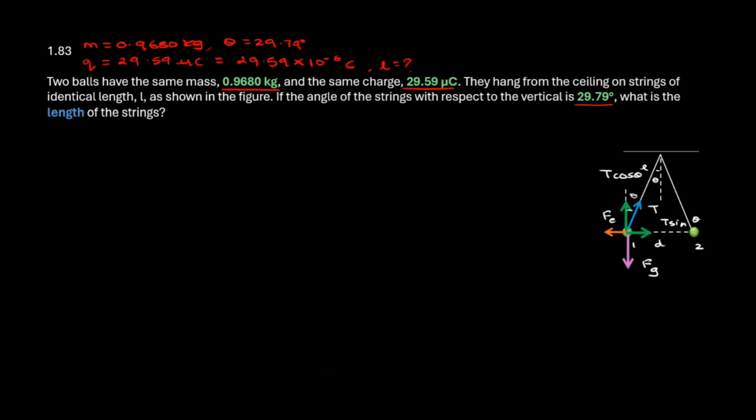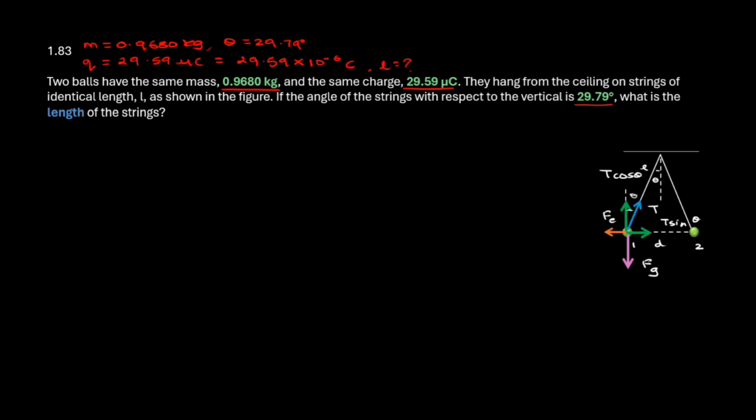Usually the component on the x-axis is taken as cosine theta because we generally have the angle theta with respect to positive x-axis. But here my angle theta is with respect to y-axis. So y-axis is adjacent to theta, and we know the adjacent side is usually related to cosine. Therefore, the y component is T cosine theta and x component is T sine theta. So these are all the forces acting on ball 1.